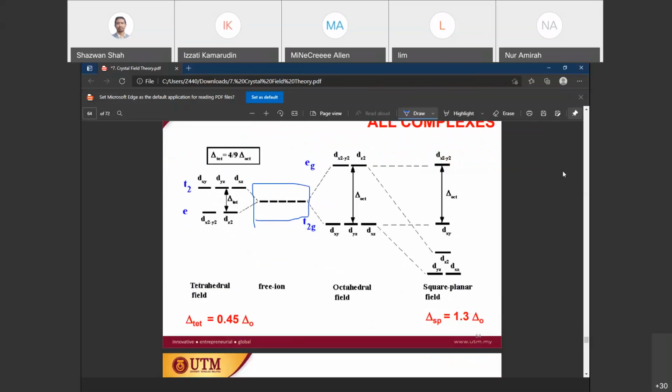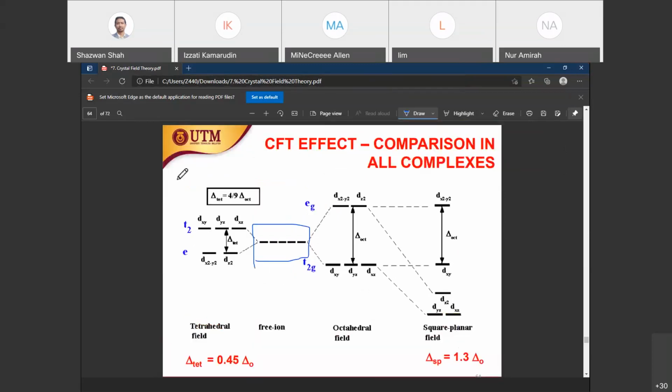So as you can see here, between all these, the highest splitting energy is square planar. Square planar has the highest splitting energy. So in terms of splitting energy, we call it CFSE.